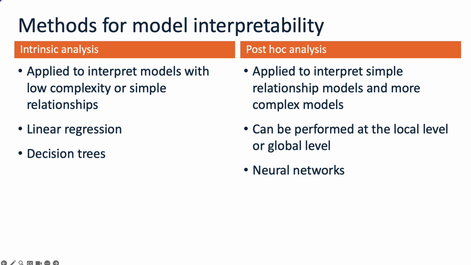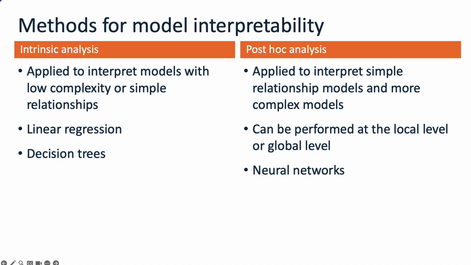Post hoc analysis can be applied to interpret simple relationship models and more complex models such as neural networks, which have the ability to capture nonlinear interactions. These methods are often model agnostic and provide mechanisms to interpret a trained model based on the inputs and output predictions.